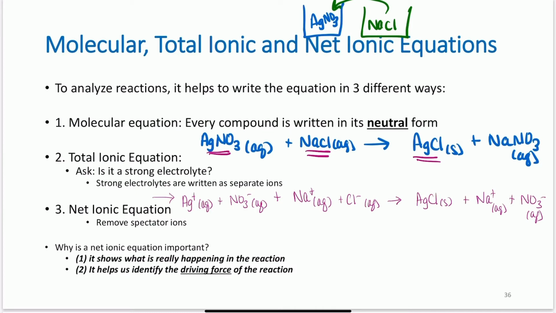Net ionic equations remove your spectator ions. A spectator ion is an ion that is present on both the reactant and product side of the reaction.